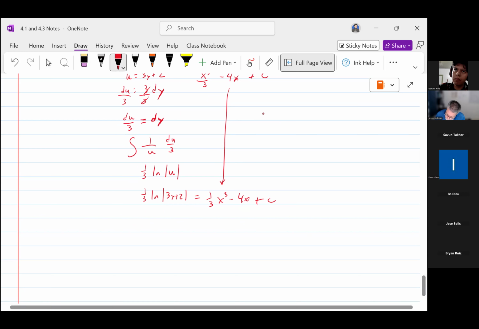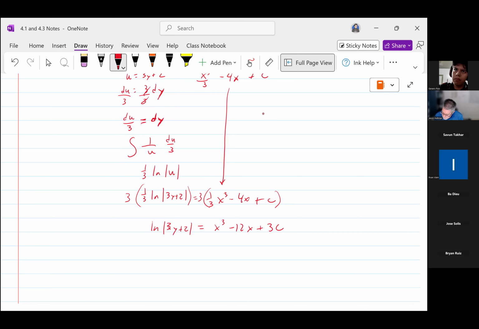I'm going to multiply both sides by 3 just to get rid of that fraction. And I'm going to get the natural log of 3y plus 2 is equal to x cubed minus 12x plus 3c. But 3c is just a constant.